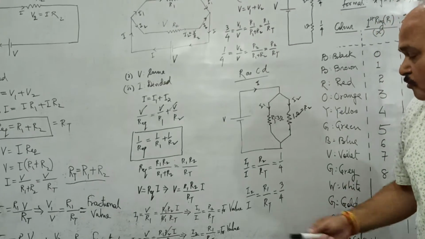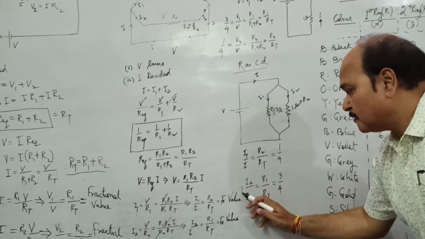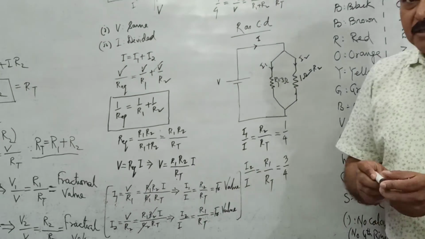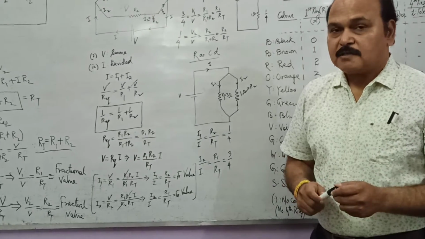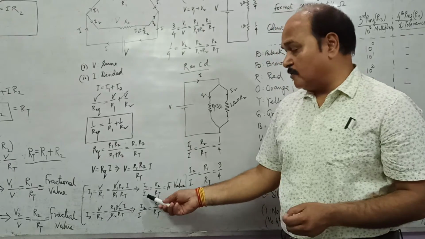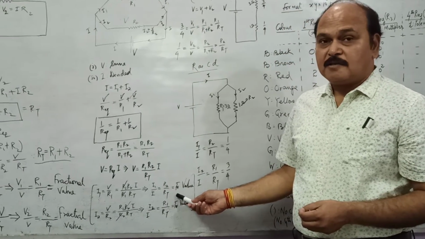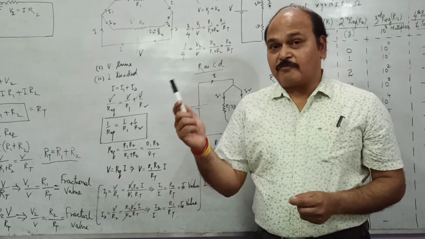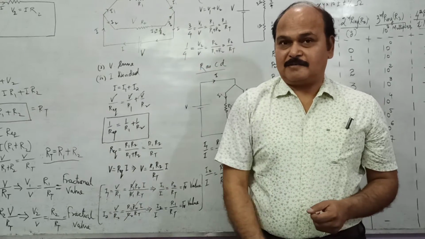So, what is this principle? The principle here is that the fractional value of resistance is not the same as the fractional value of current. Though it is the fractional value of current, this is the fractional value of resistance. But the fractional value of resistance is equal to the fractional value of current through the other resistance.